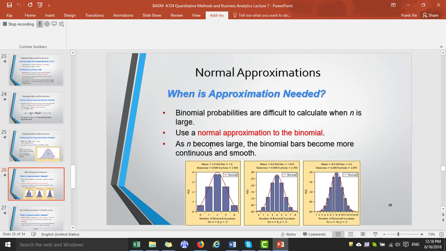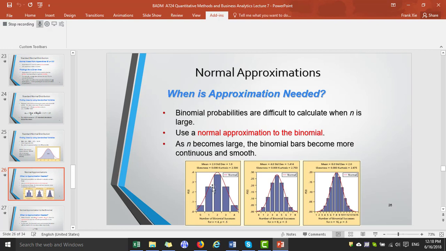As n becomes large, the number of observations becomes larger and larger, and the binomial bars become more and more continuous and smooth. Let's see here, n is 4, right?